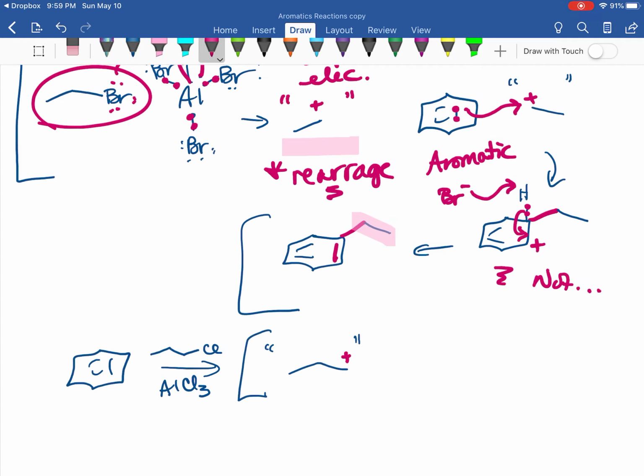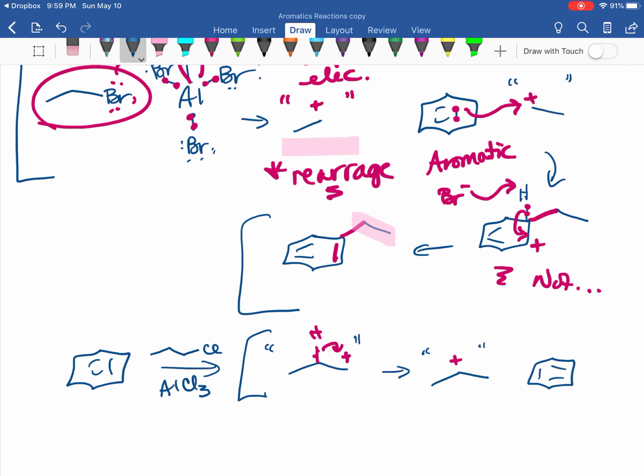All right, there you go. Is that going to stay? No. You are going to rearrange that faster than you're going to react. So how are we going to rearrange that? Well, that's a primary carbocation. That is going to rearrange to something better very quickly.